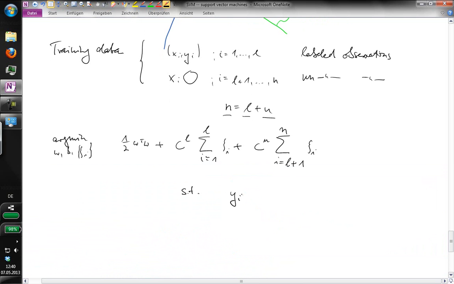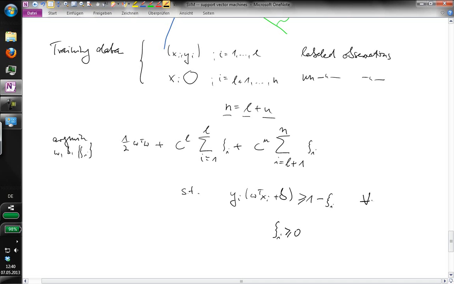I again want my predictions to be correct by a comfortable margin, up to some slack which I am permitting. No, minus was correct. And the slack has to be non-negative.